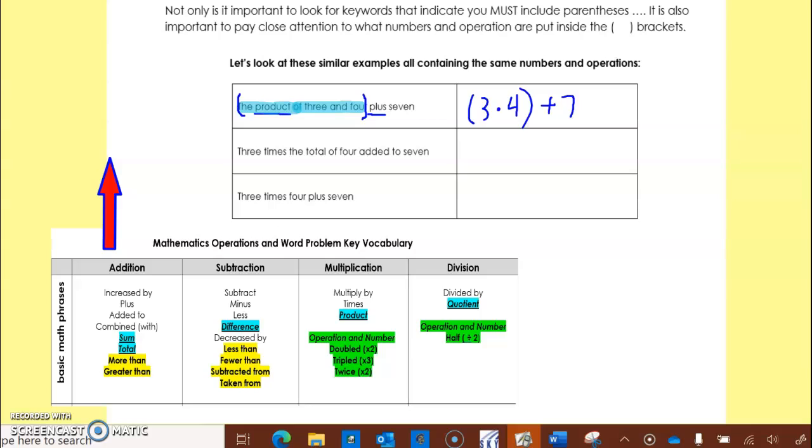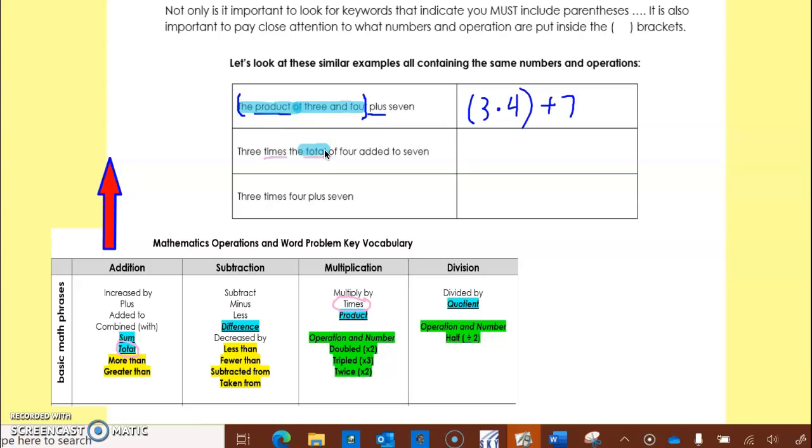Okay, let's take a look at number 2. If I look at number 2, I've got the keywords of times and total. So times, good old multiplication. Total, ooh, it's a blue word, right? That's one of those keywords we're talking about today where we need to put it in parentheses. So what would I be putting in parentheses?